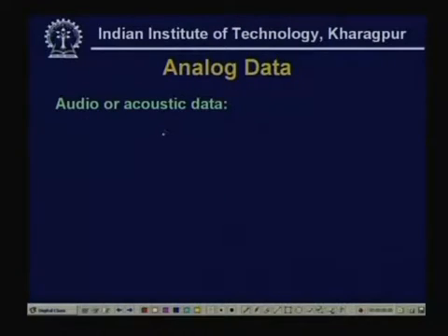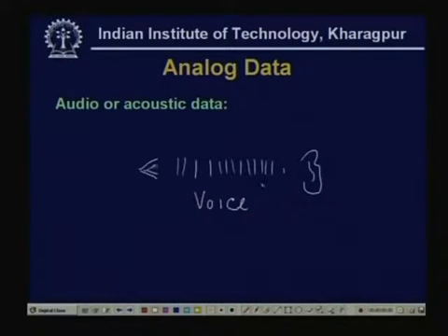Say suppose somebody is speaking, this is the mouth and here is an ear, somebody is listening. Now through the ear the voice goes to the ear. That means from the mouth the vibration is made, that vibration leads to some compression and decompression waves, and that wave conveys the data to the ear and it creates some sensation in the eardrum which we hear. So this is your audio or acoustic data.